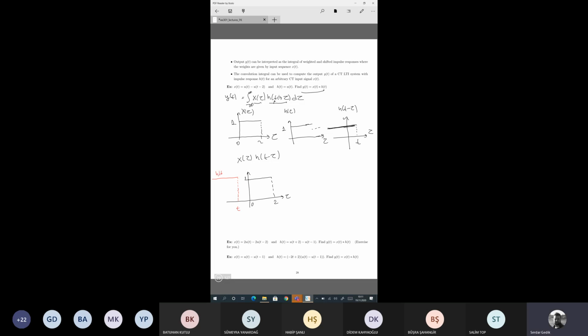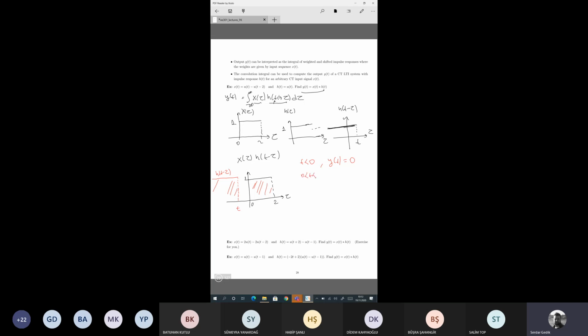So this is h of t minus tau. Well, note that if t is smaller than 0, those two signals have no common area. So if t is smaller than 0, I know that the multiplication is 0. So y of t is nothing but the multiplied and integrated signal. So y of t is simply 0 in this case.